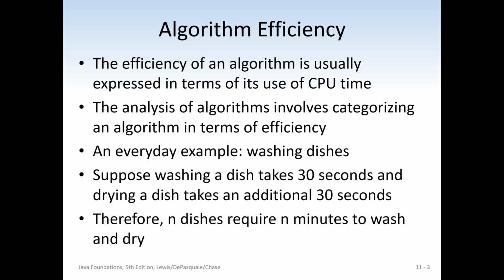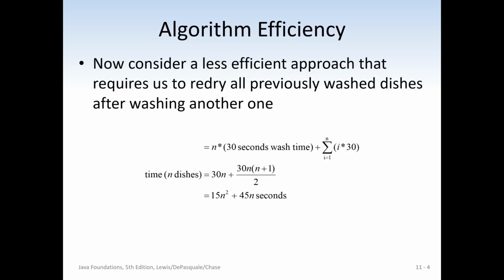So this algorithm is what we would call linear. It's a line. As N increases, the amount of time it takes to complete the task increases linearly as a function of N.